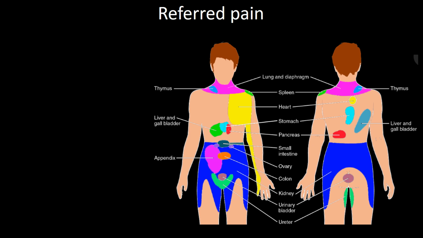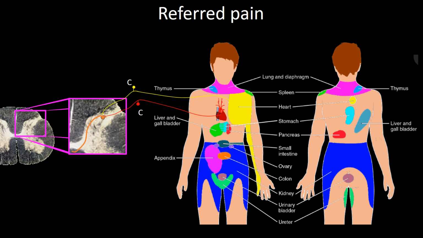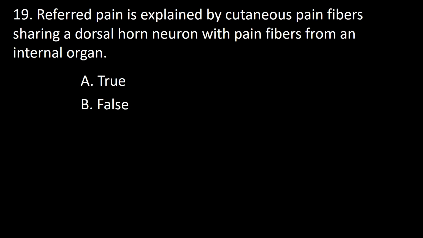In this drawing, you can see the skin sites where pain from different organs prevails. An example is the anterior left chest and medial surface of the left arm hurting during a heart attack. Take a few seconds to notice the skin areas and corresponding internal organs. So the answer to this question is A.